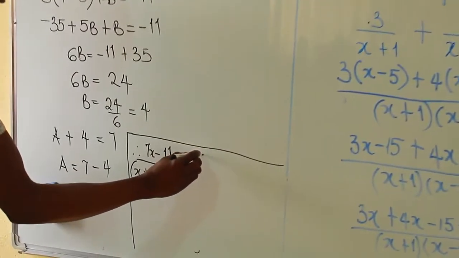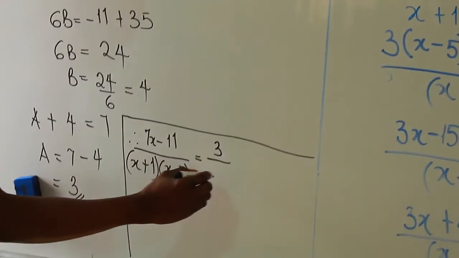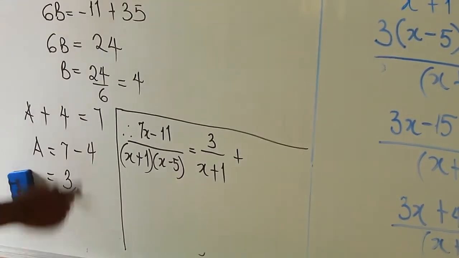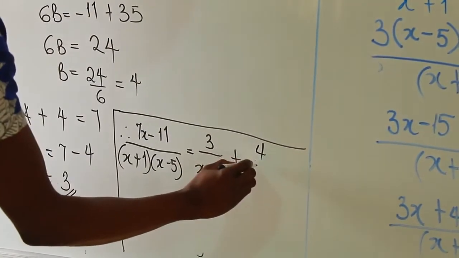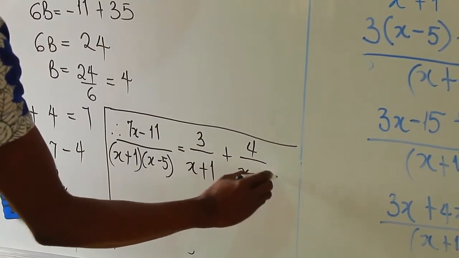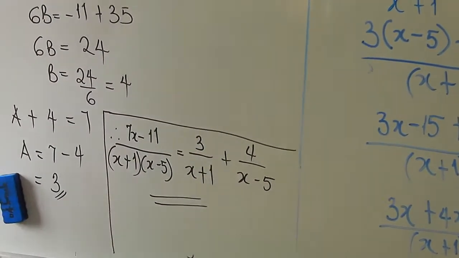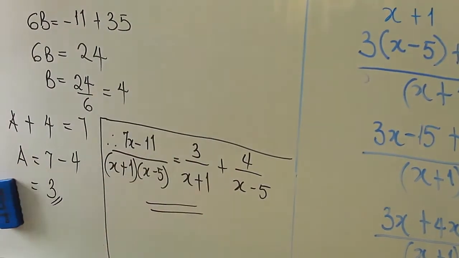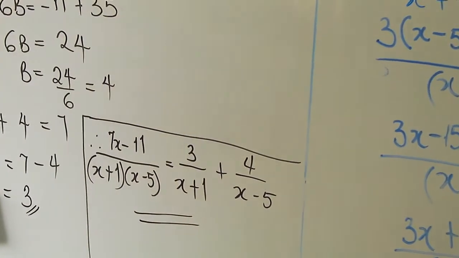So a was gotten as 3 over x plus 1, plus b was gotten as 4, so it is written as 4 over x minus 5. I have just split the compound fraction into the original single algebraic fractions that I started with.